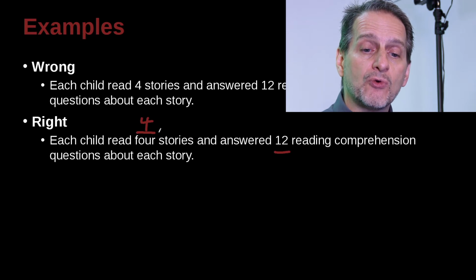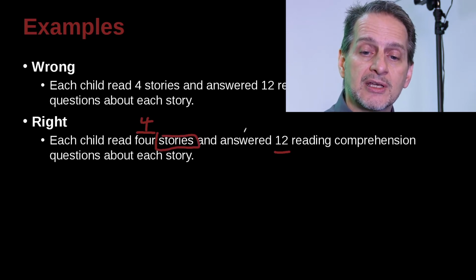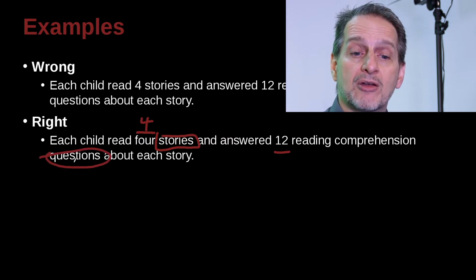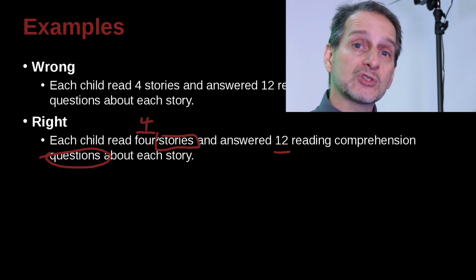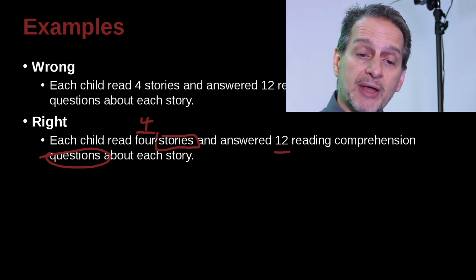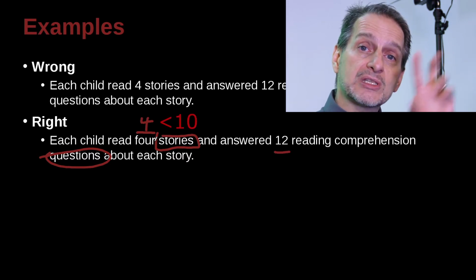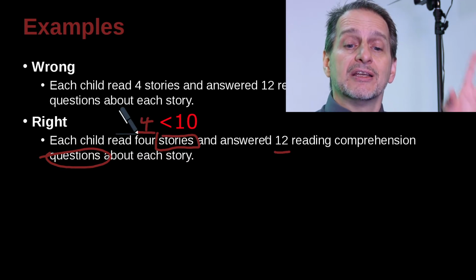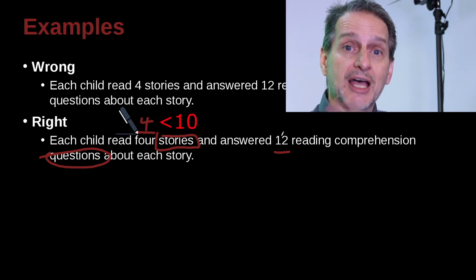We have 4 stories, and then we have 12 questions. These are different things not being compared. So we just have 4 stories, and that's all we're talking about. 4 is less than 10, so we're going to spell it out. 12 is just one time 12 questions.